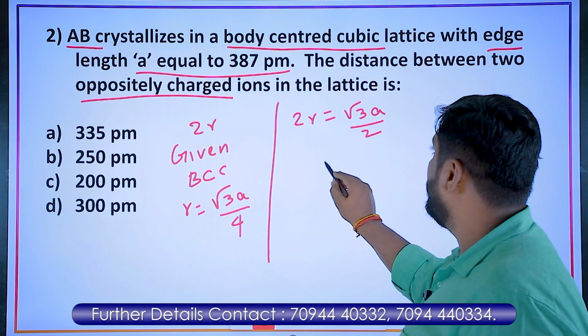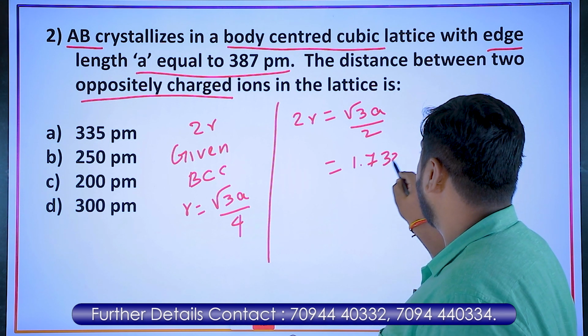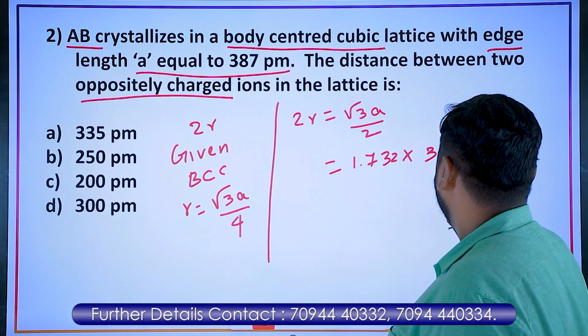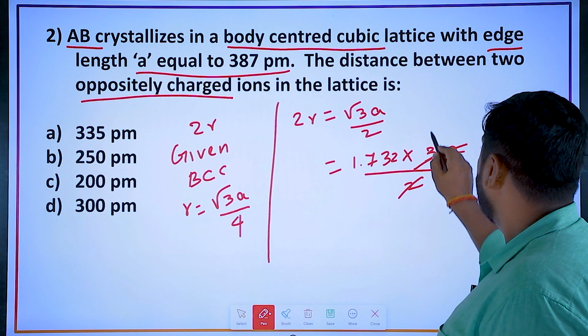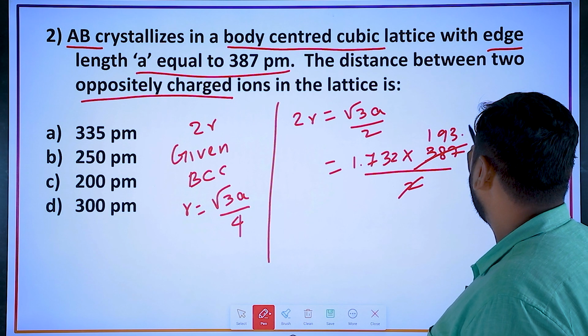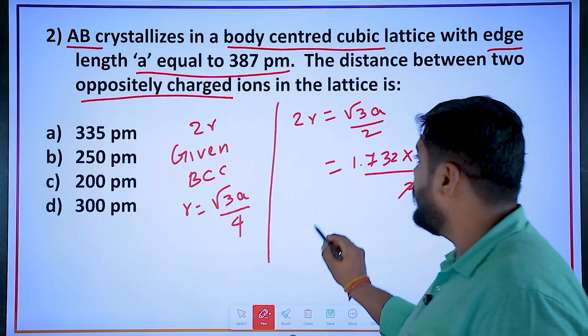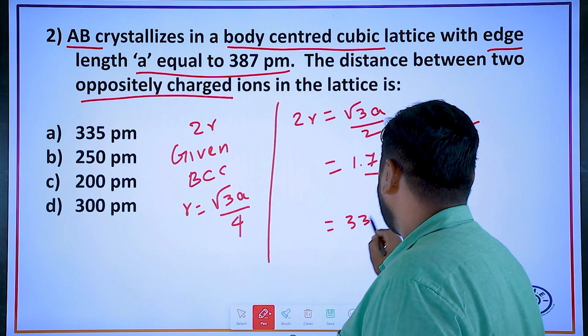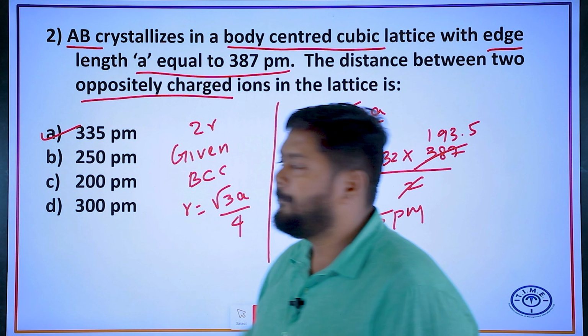As usual they have given your a value, edge length; root 3 is 1.732 and edge length is 387, divided by 2. If you cancel this, you will get 193.5. If you multiply with root 3, you will get 335 picometer. Again your option is A.